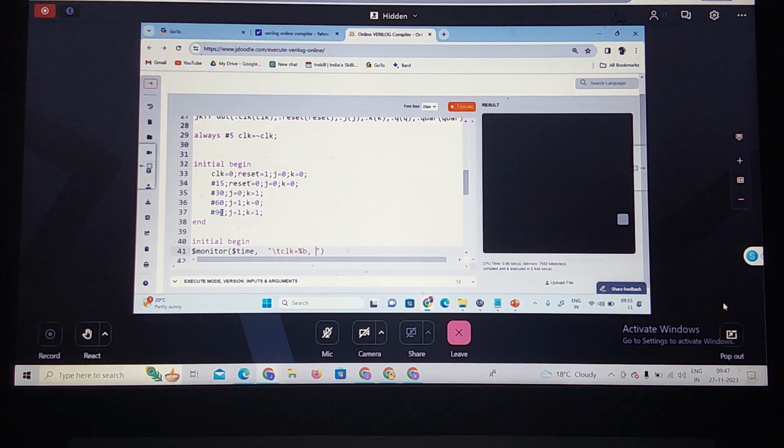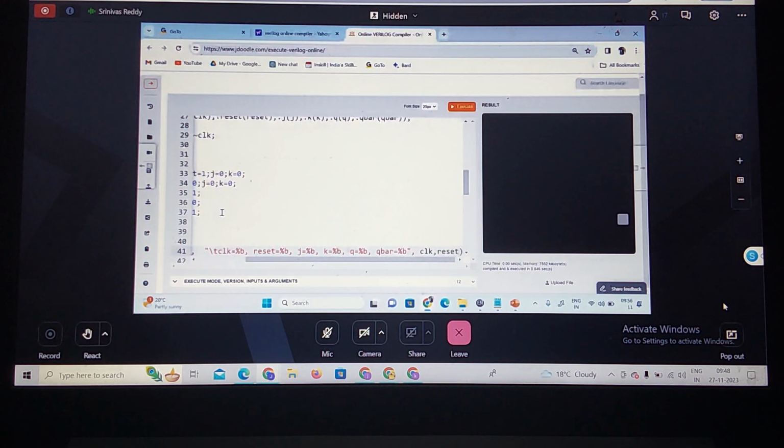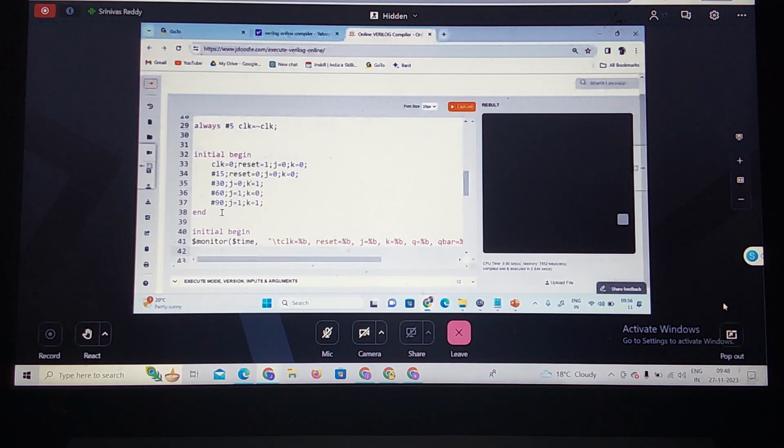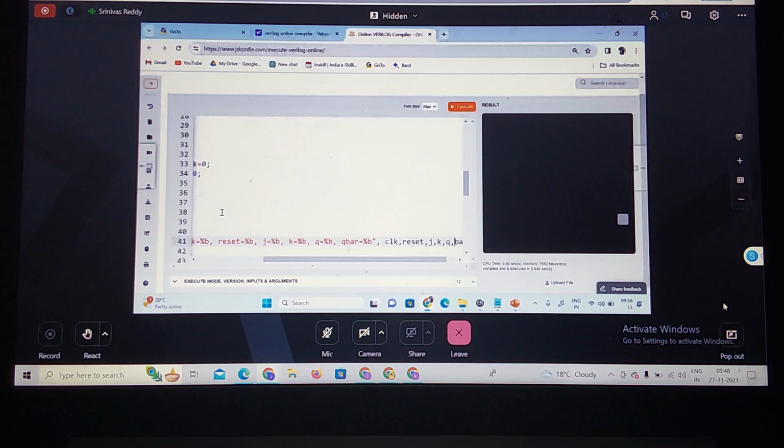Clock, then reset is equal to percentage B, then J is equal to percentage B, then K is equal to percentage B. Then Q is equal to percentage B, Q bar is equal to percentage B. So what arguments do I need to pass? Clock, reset, J, K, Q, Q bar. Okay.